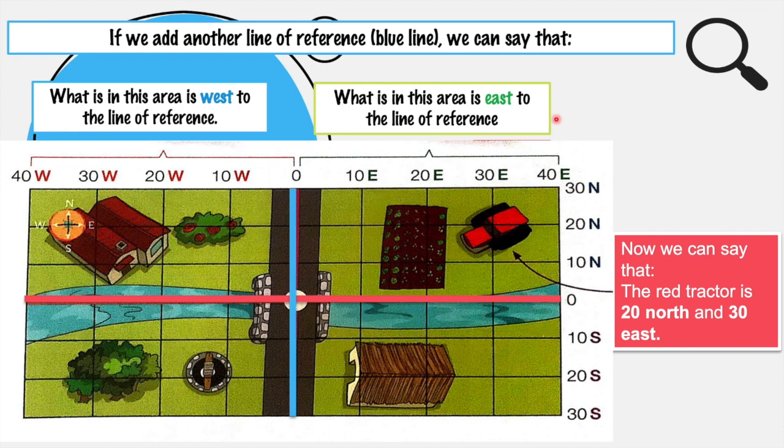Now we separated our plan into the four cardinal directions: north, south, east, and west. And now I can tell you the exact location of the red tractor. Look, now we can say that the red tractor is 20 north and 30 east. That is very precise.